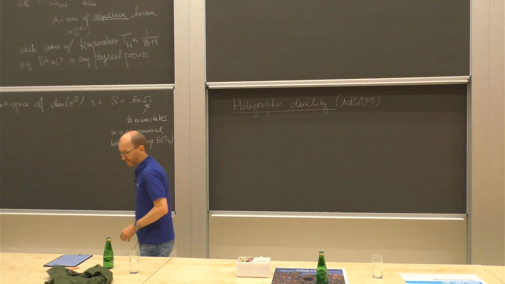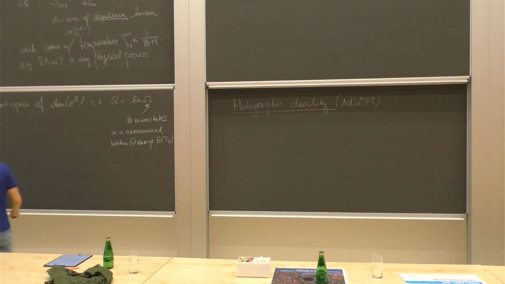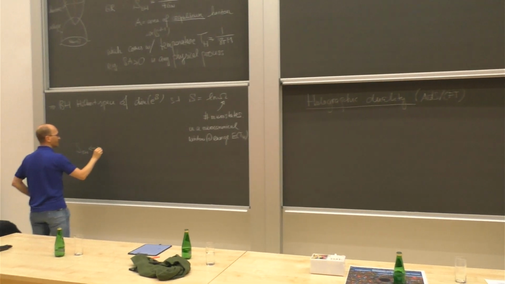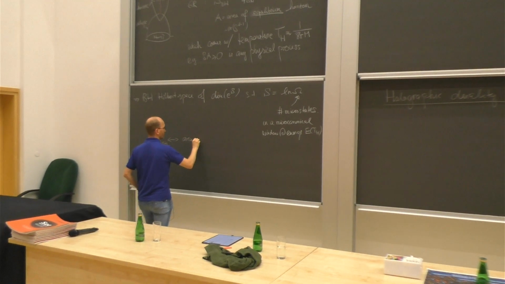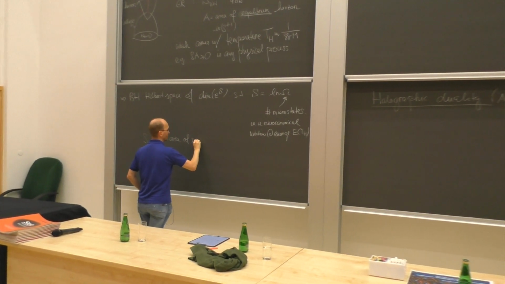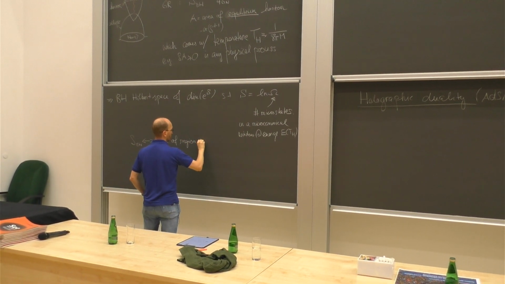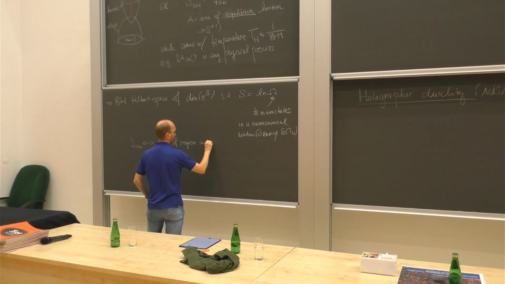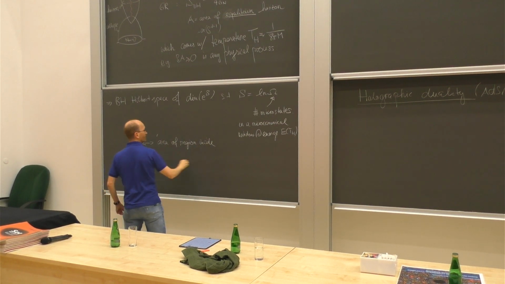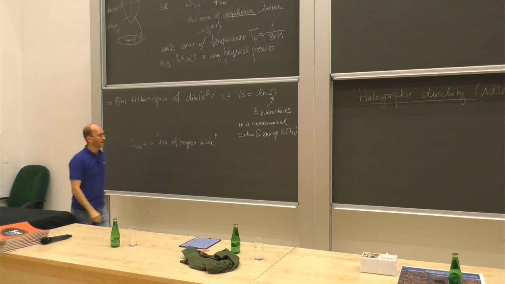So what we say is that the fact that S of the black hole is associated to the area of the region inside is what people refer to as this peculiar holographic principle.